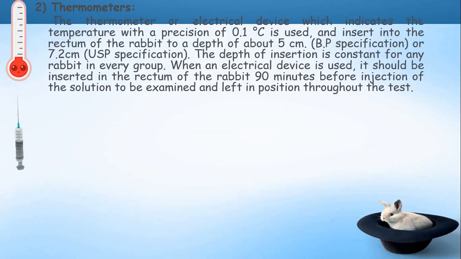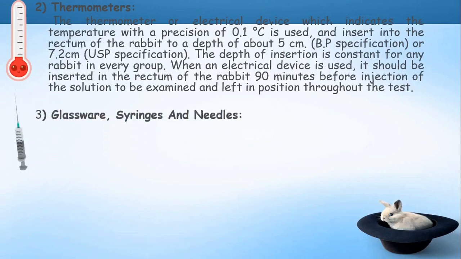The depth of insertion is constant for any rabbit in every group. When an electrical device is used, it should be inserted in the rectum of the rabbit 90 minutes before injection of the solution to be examined and left in position throughout the test.